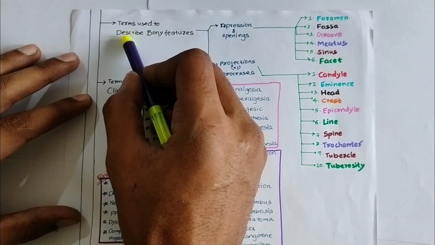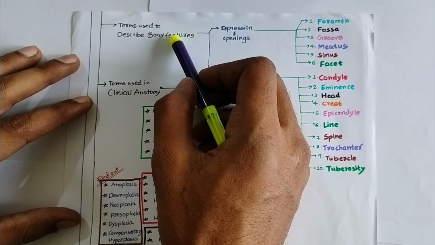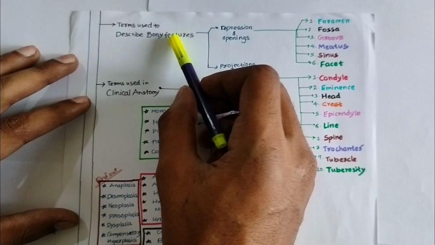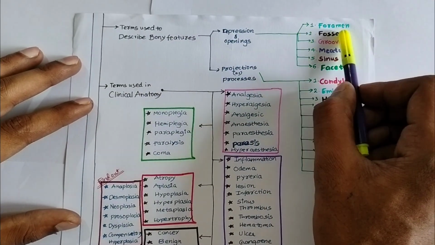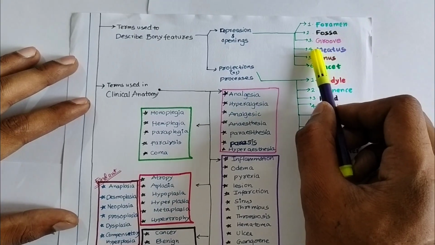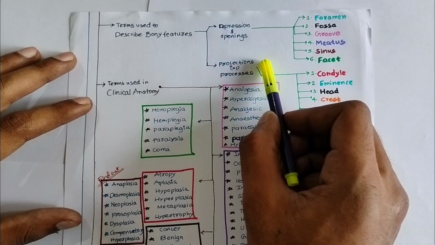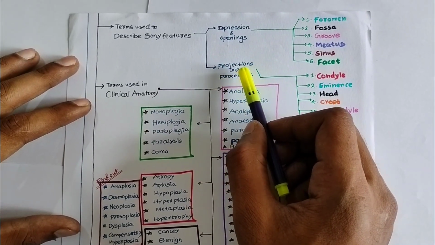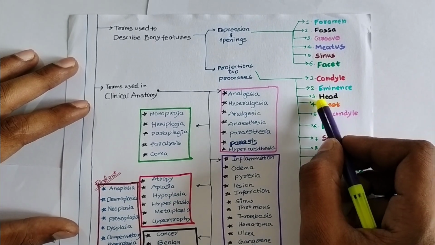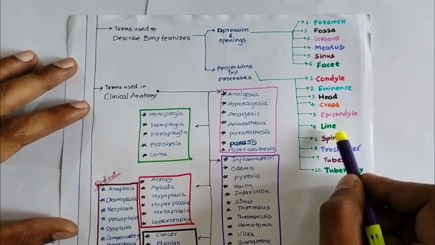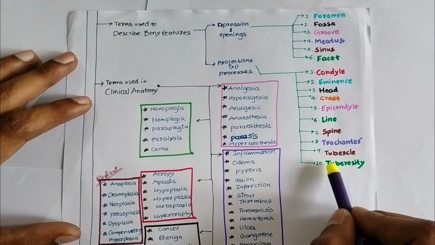And the terms used to describe bony features, the bony landmarks, the bone surface marks like depression, openings like foramen, fossa, groove, meatus, sinus, facet, and the projections or processes, bony elevations like condyle, eminence, head, crest, epicondyle, line, spine, trochanter, tubercle, tuberosity.